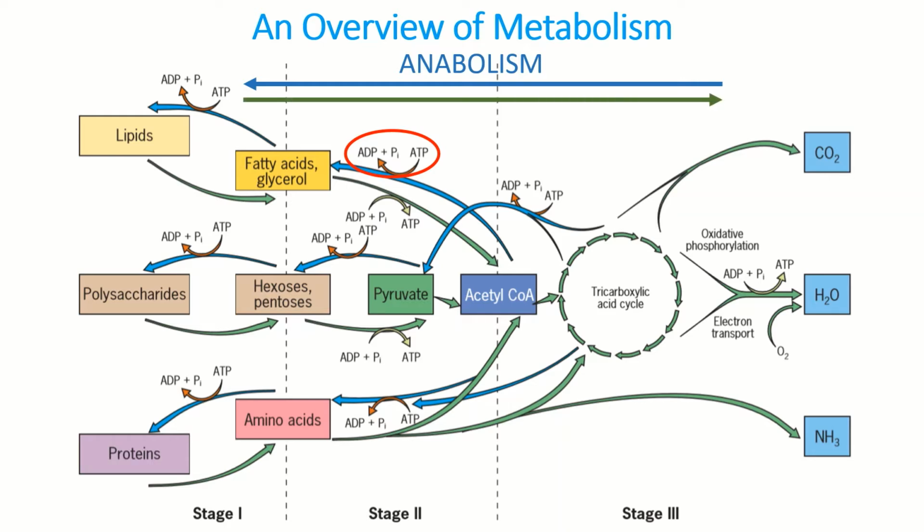While going to the right, this is the direction wherein the cell is actually digesting or breaking down those macromolecules to become smaller molecules. This one is known as catabolism. Notice the outputs of catabolism here include carbon dioxide, water, and ammonia.